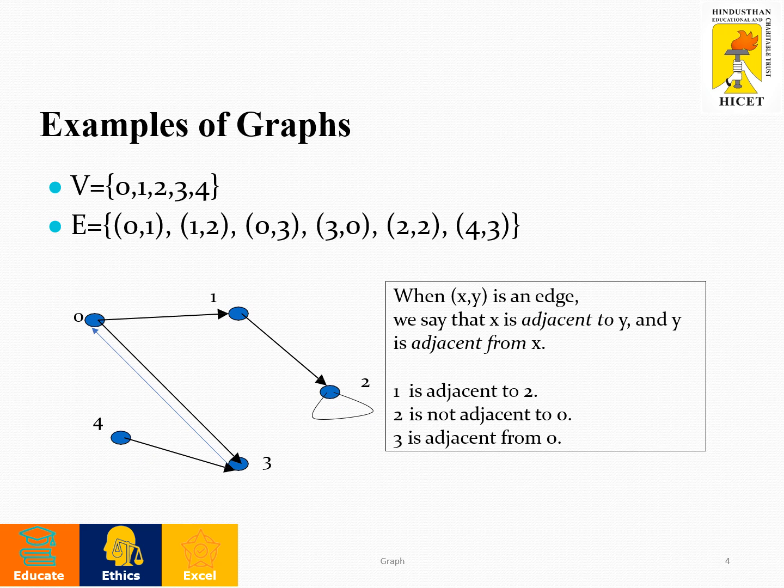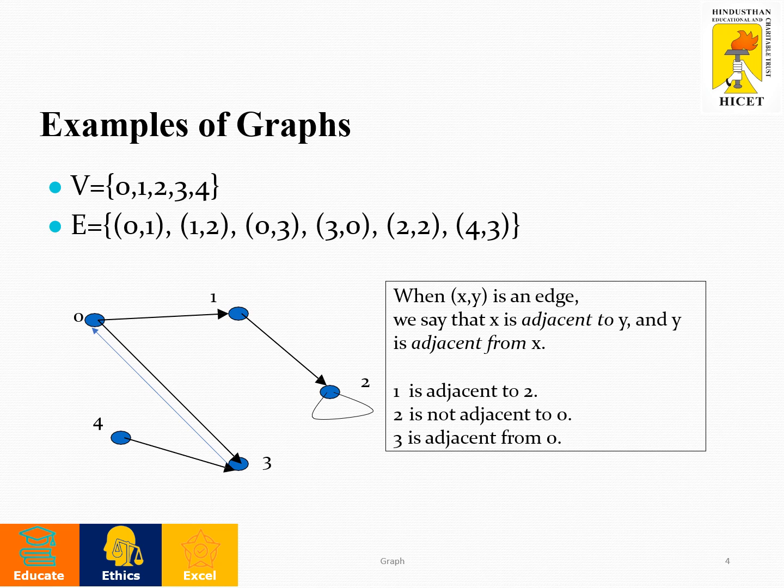And you can see here in this example, this is the graph which consists of vertices 0, 1, 2, 3 and 4. These are all the vertices 0, 1, 2, 3, 4. That is denoted here. And edges. Edges means the path between one vertex to other vertex. So 0 to 1 there exists a path.